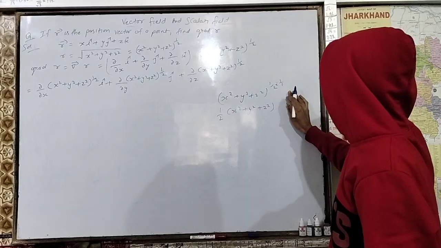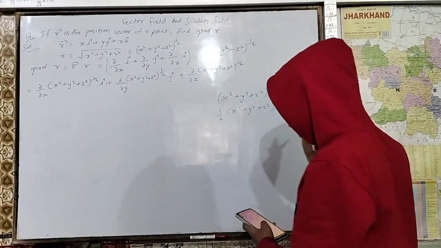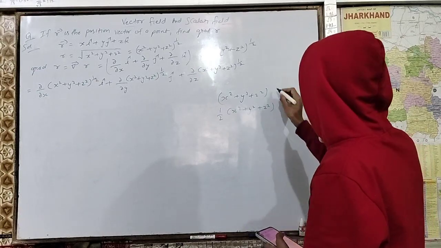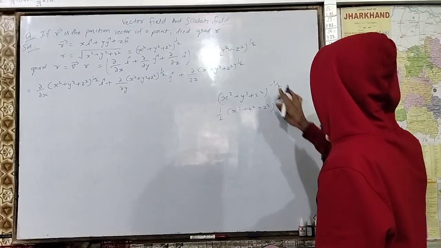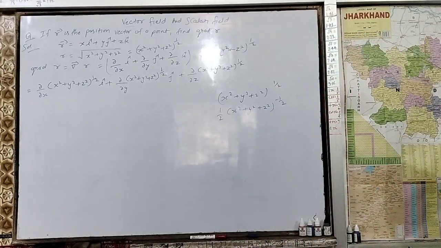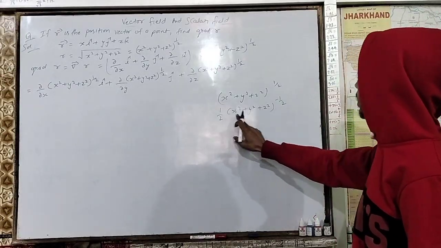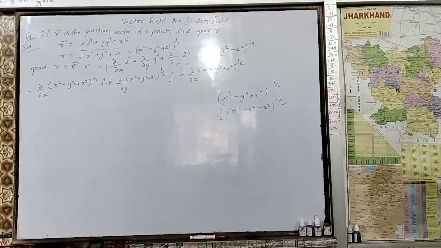So it becomes minus 1 by 2, by the rule n x raised to power n minus 1. Clear?